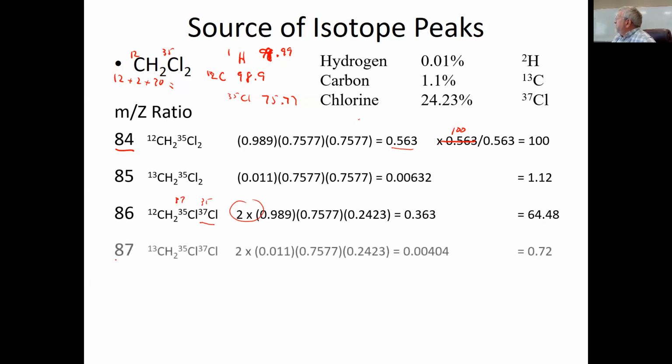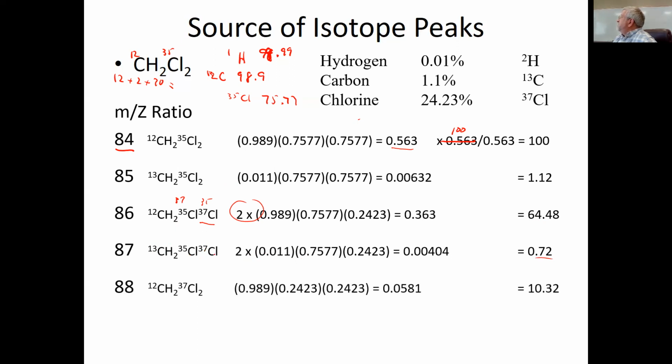And then you go to 87, and there you'd have one chlorine 37 and carbon 13, but there'd be two possibilities because of two chlorines. It'll give you a relative size, which is not very large. And then 88, both could be chlorine 37, but there's only one possibility for that.